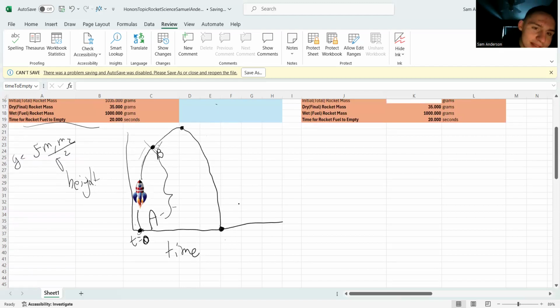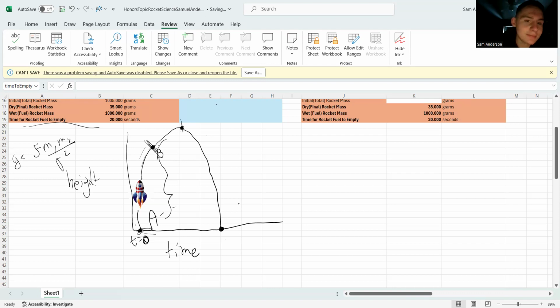The change in velocity of the rocket from point A to B is going to be delta V, which is found using Tsiolkovsky's formula. The final velocity at point B will be a velocity of 0 at A plus that delta V.